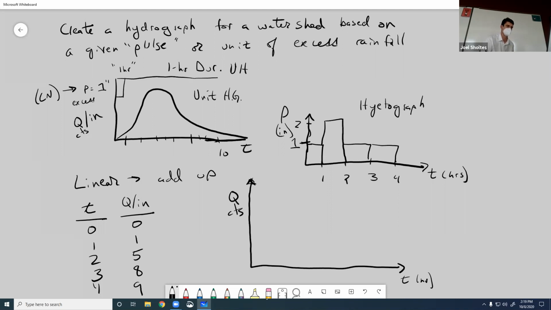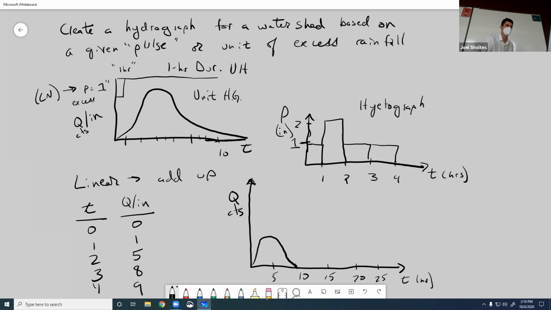So I'm going to squish all these. It starts, this will be 5, 10. This is going to be real rough, but I'm just going to give you an idea of what this looks like. 1 inch over 1 hour, that's my 1 hour duration, and it goes to about 10 hours, we'll say. I'm going to draw that like this.